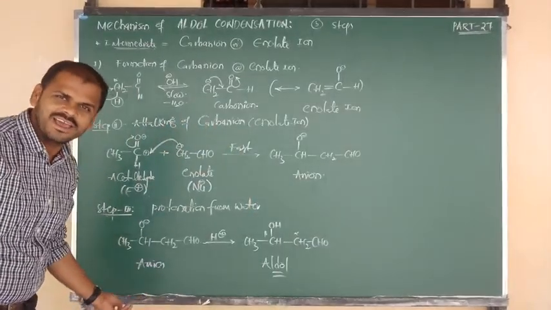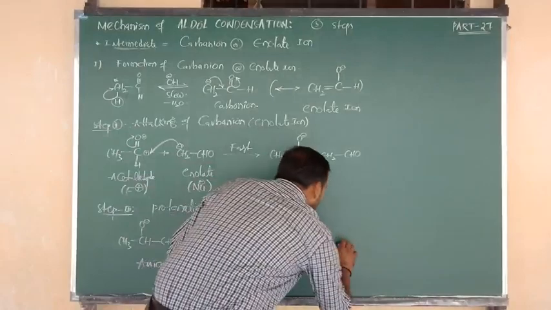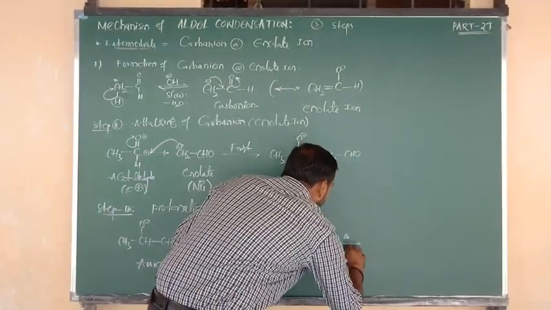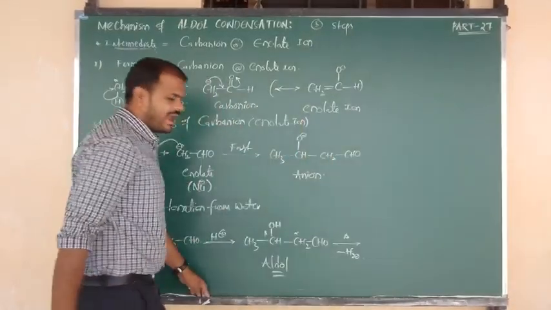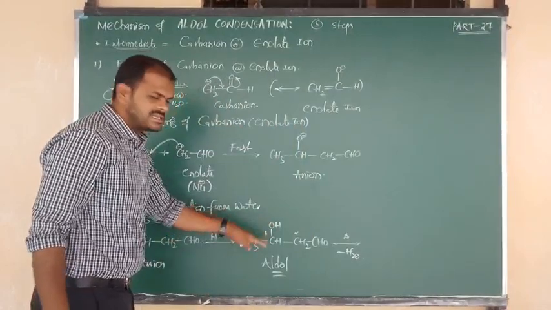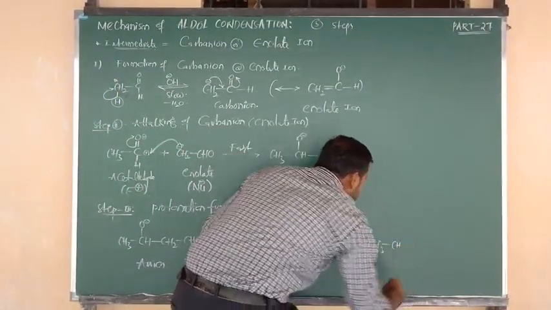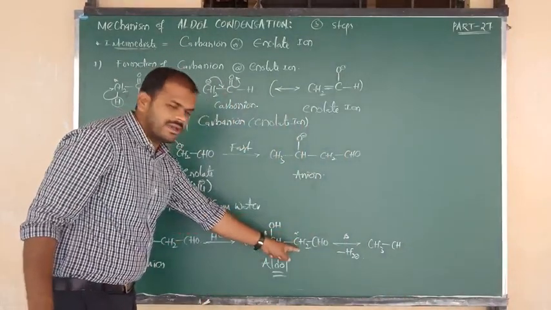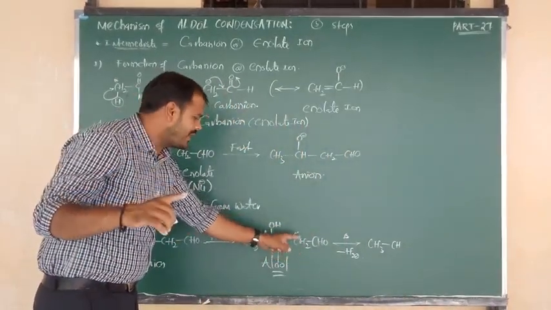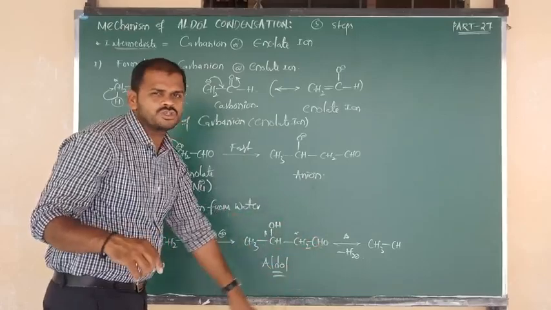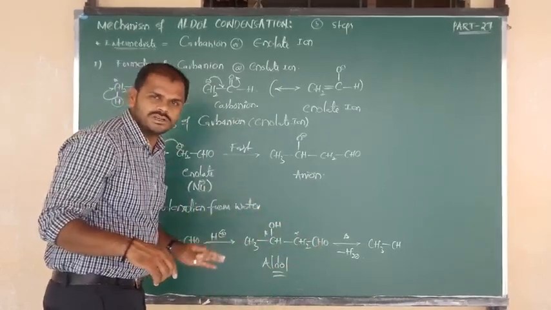Aldol formation was clear. Now upon heating, it undergoes the process of dehydration. From the beta place we have to remove the OH, remaining is CH3 bonded to CH. From the alpha place we remove one hydrogen atom; that H plus combines with OH and is eliminated in the form of a water molecule.